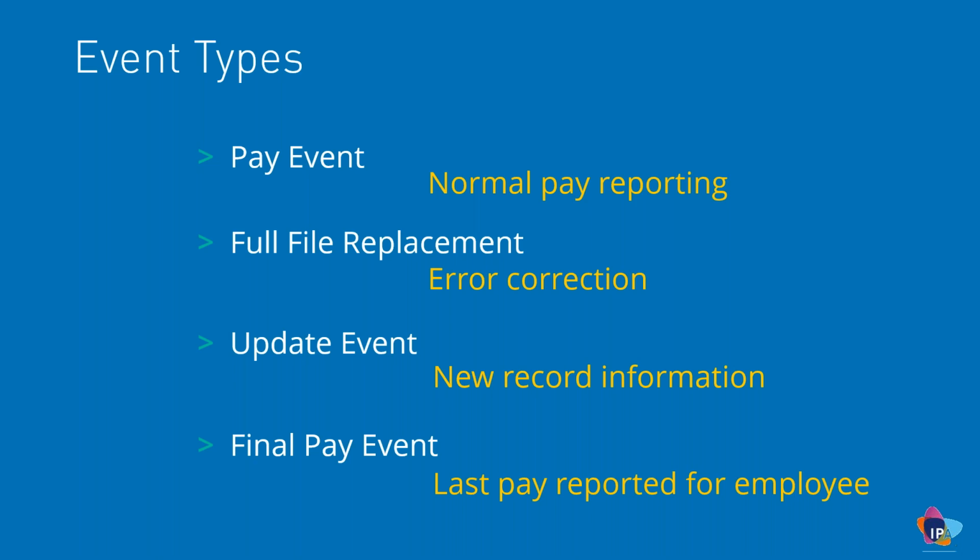And the final pay event is something you'll regularly use when you terminate employees, and to indicate to the ATO that you will no longer be paying that employee. It's also something you do on your last pay run of the financial year. When you've finalised all your payroll for that year, you do need to send that final pay run, which would normally be sent as a pay event, as a final pay event.